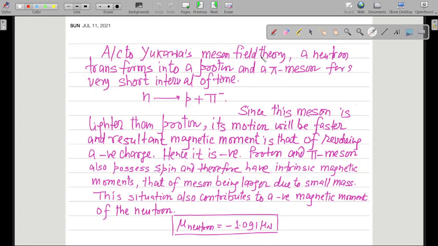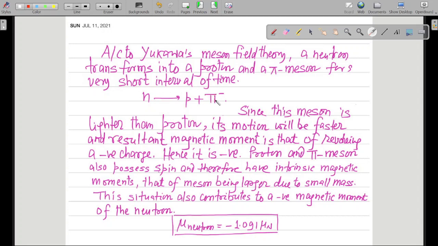According to this theory, a neutron transforms into a proton and a pi meson or pion, for a very short interval of time. You can call it pi meson or pion. So neutron is transformed into a proton and a pi minus meson.